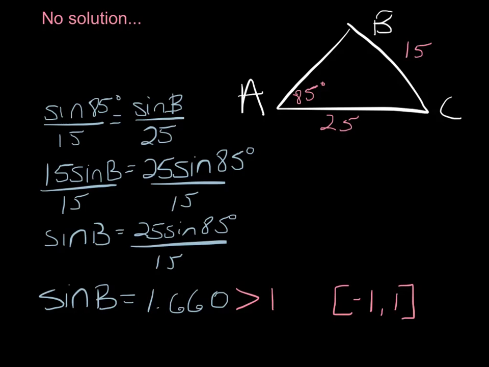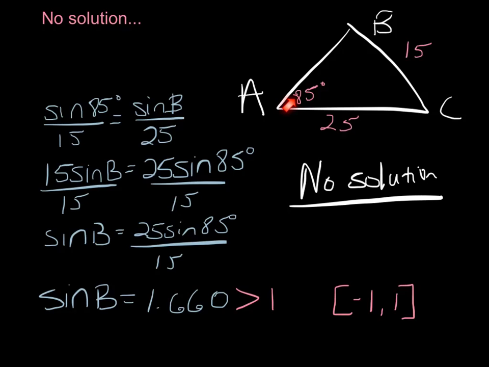And if you tried to use the inverse sine on your calculator, it would have given you an error message. So this is a case where we have no such triangle. So there's no solution here, meaning that we would never be able to construct a triangle that has an angle of 85 degrees and then the adjacent sides being 25 and 15.